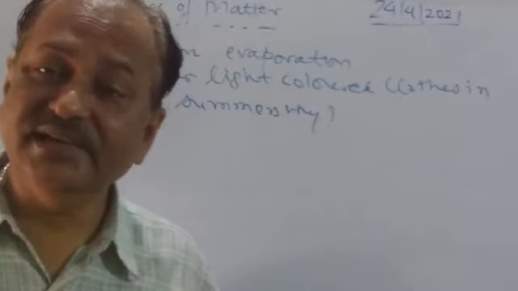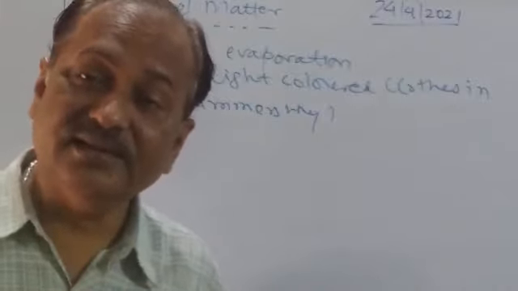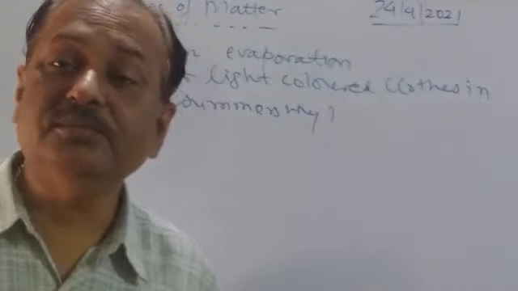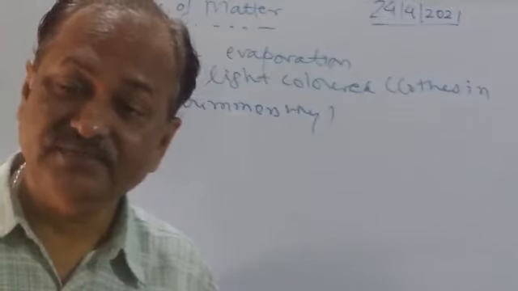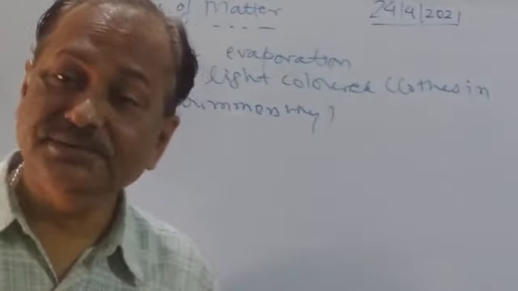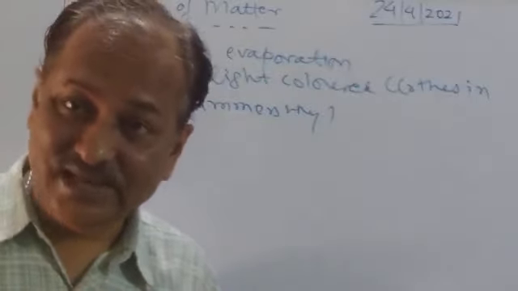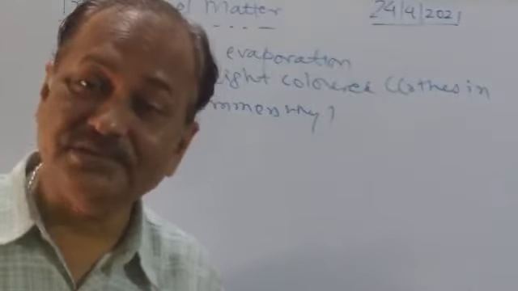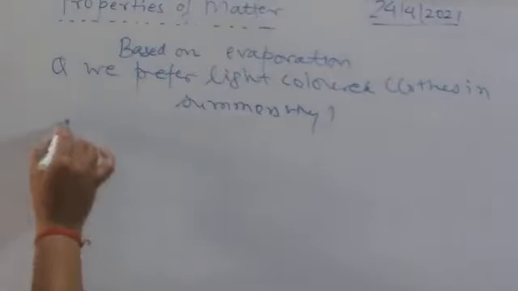You all must have an idea that dark color is a good absorber of light and sunlight. And when we go out, a very large amount of sunlight and heat is trapped, and so we are not comfortable. So the answer is very simple.